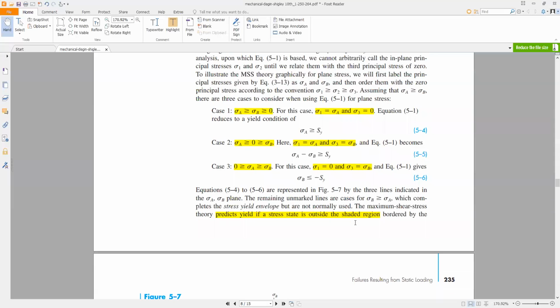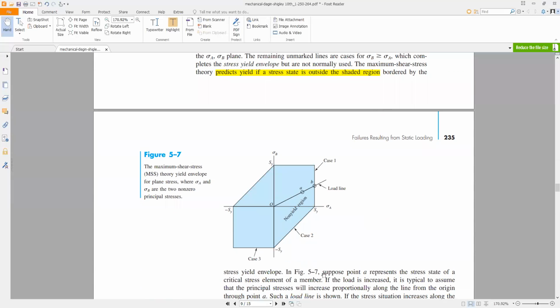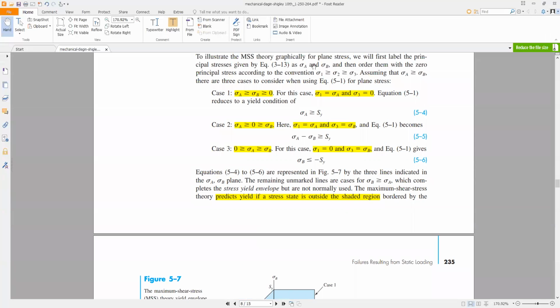Okay, so the maximum shear stress theory is meant to predict the yield if the stress state is outside the shaded region. It looks like this. The x-axis is stress A and the y-axis is stress B, so the shape will be like this. Case 1, both are positive. Case 2 is one positive, one negative. Case 3 is both negative. So it is applied to these three cases.